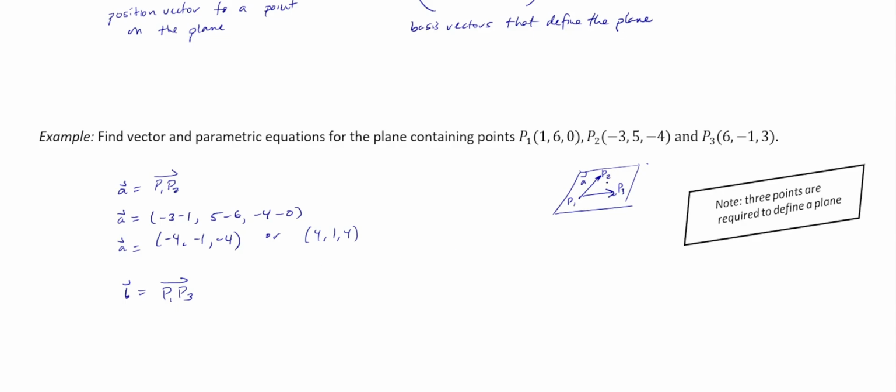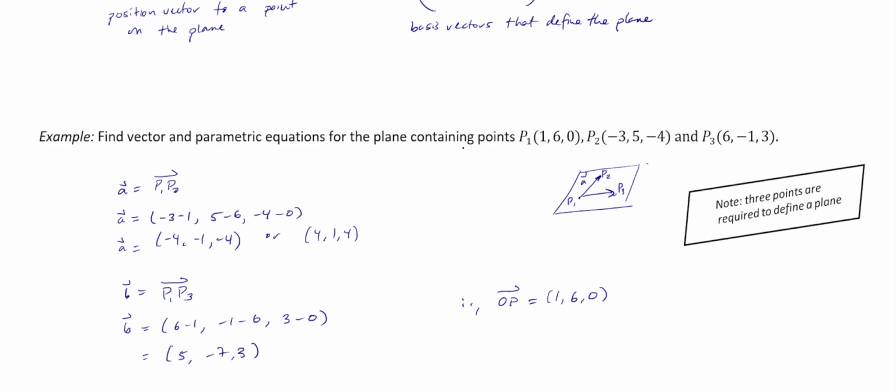That's my other basis vector, right? And so that's equal to 6 minus 1, -1 minus 6, 3 minus 0, and then I get (5, -7, 3). And so therefore the vector equation is going to be, so I take a point on the plane, (1, 6, 0).